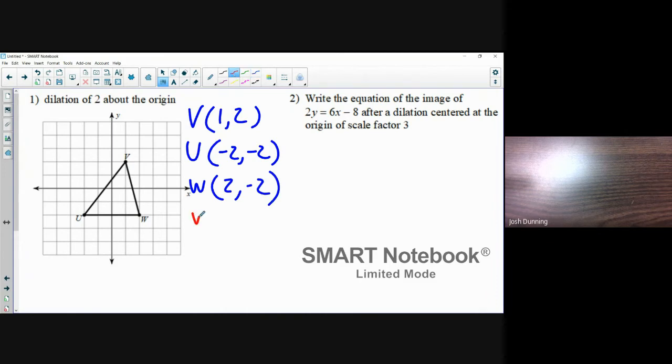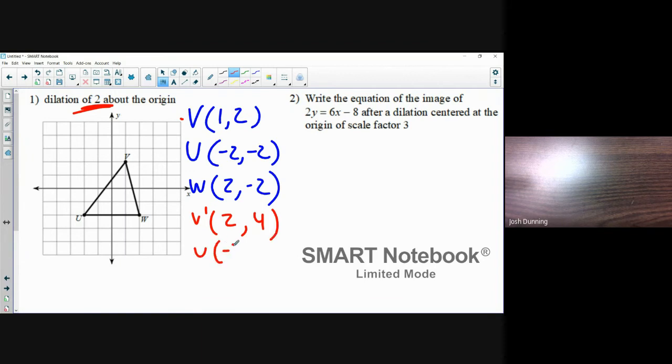So V prime, all we got to do is multiply by 2, centered on the origin, which most of them are. Most everything we're going to worry about is centered on the origin. So we get 1 times 2 is 2. And then 2 times 2, 4.